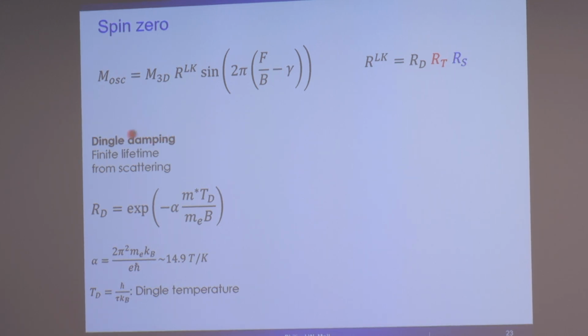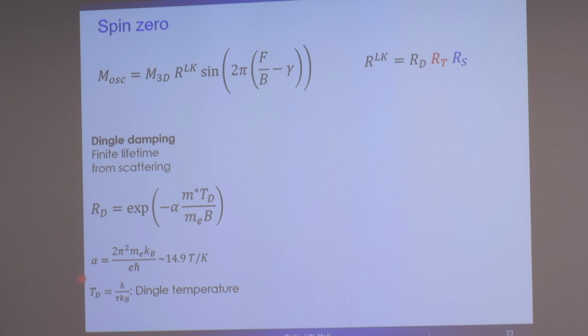It's called Dingle damping, and it comes from the fact that there's a finite lifetime of scattering. It takes this particular form here. If you ever want to compute this, here are the numerical parameters. The main point here is that when Dingle did these measurements, what was actually figured out is that somehow the quantum oscillations looked broader than what you would get from Fermi-Dirac broadening.